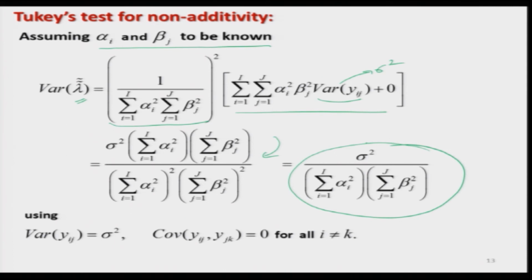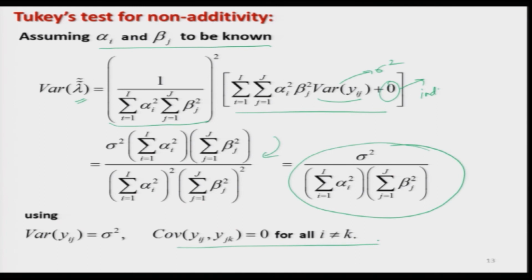All other cross product terms will become 0, because the observations are independent, so their covariances are going to be 0 for all i not equal to k. Right, so now you have obtained the variance of this lambda double tilde.